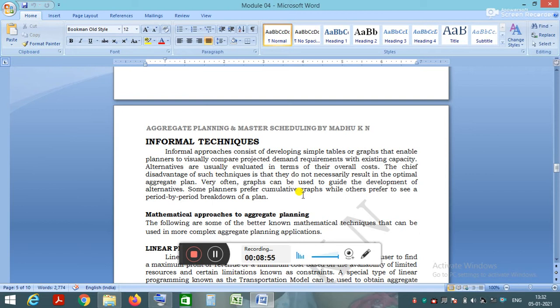Here some simple tables are developed in the informal technique based on judgment and experience. Graphs are developed which help the decision makers to compare the demand with capacities. Alternatives are usually evaluated in terms of their overall costs.